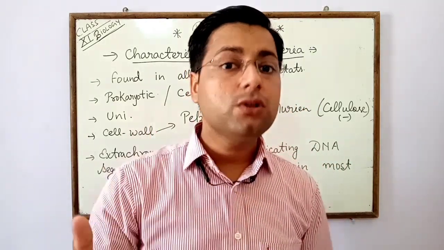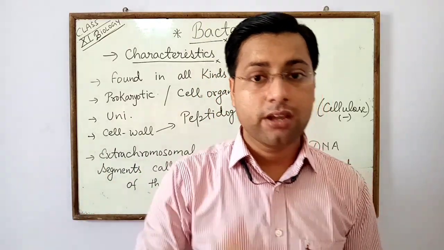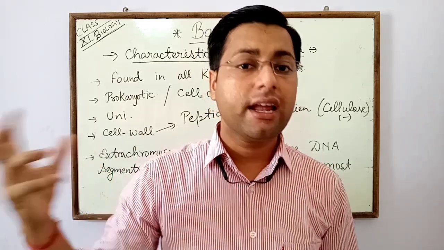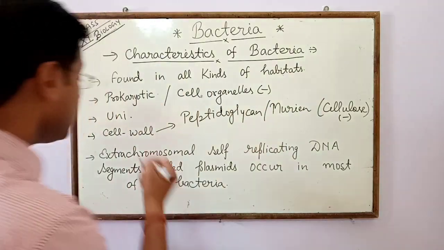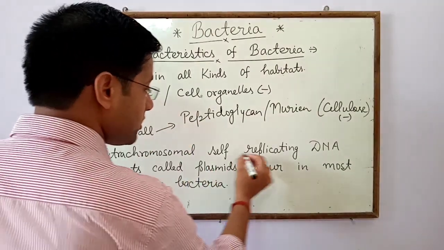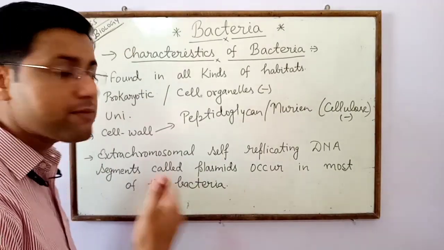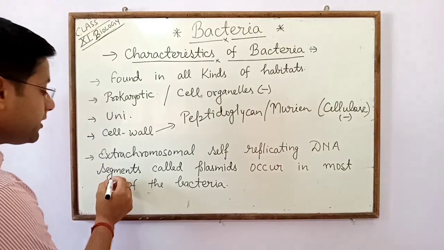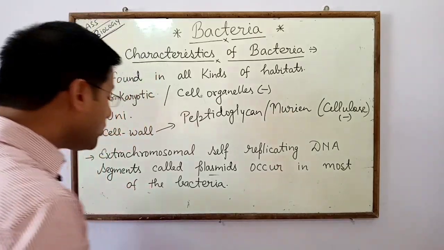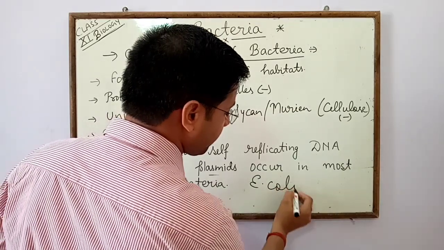Plasmid is a good vector used in the field of biotechnology because its self-replicating capacity is very high. So in a bacterial cell, plasmids are extrachromosomal self-replicating DNA, meaning DNA that can replicate its number by itself. This small self-replicating DNA segment called a plasmid occurs in most bacteria, especially E. coli.